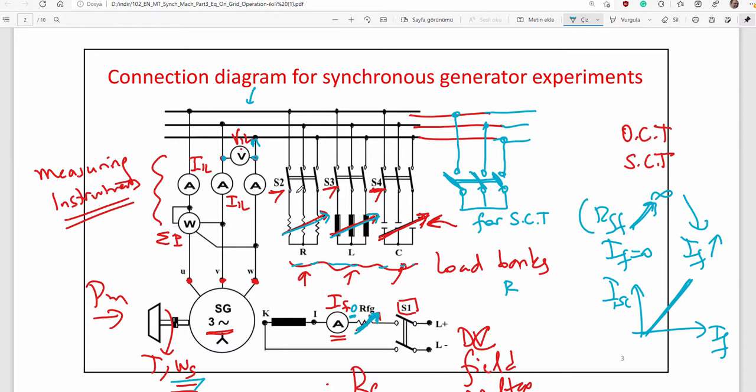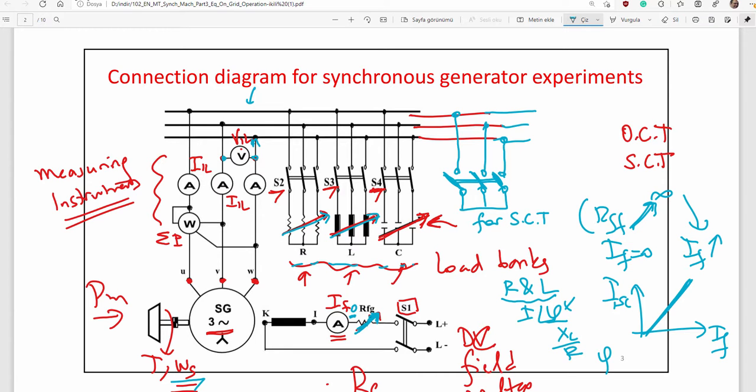If S2 and S3 are on, load is a mixture of R and L, so current will be lagging. During such a test, the ratio of XL over R, I mean the phase angle, must be kept constant. I mean, power factor must be kept constant.